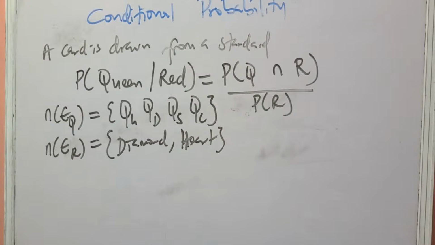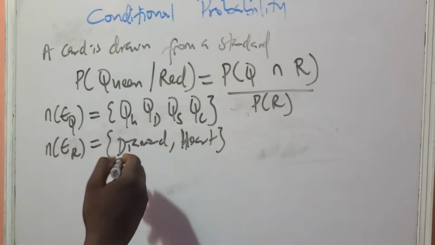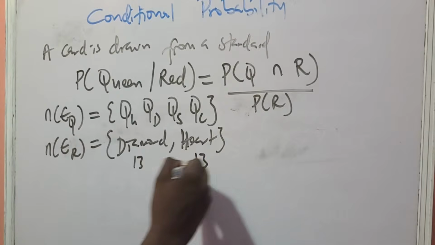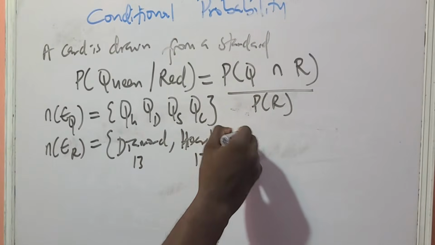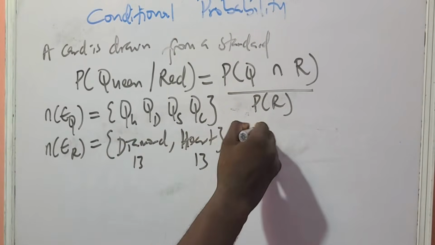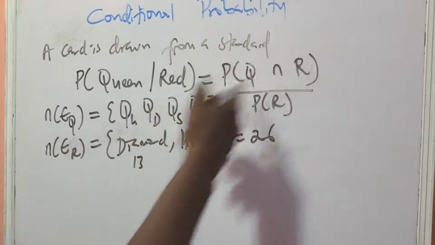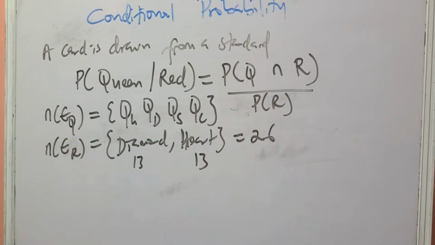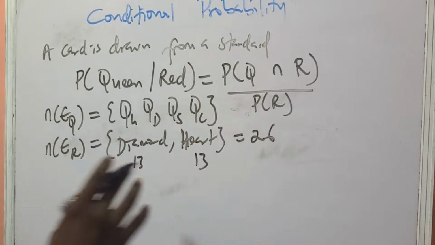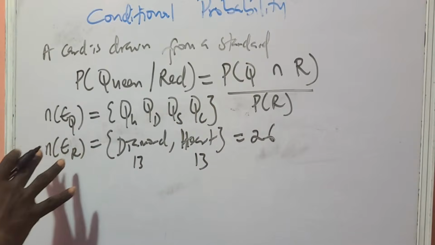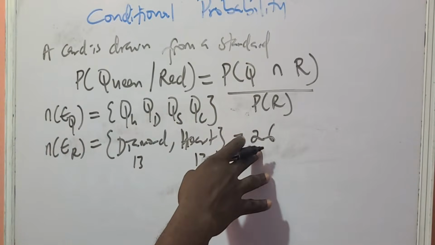And don't forget, each of them has a total of 13 cards. So the number of elements here will be 26 red cards. I'm sure you guys are flowing with this. So the number of elements in the event space of red cards is 26.